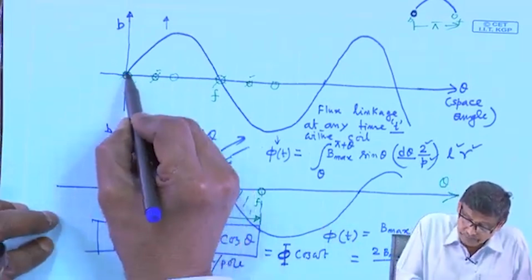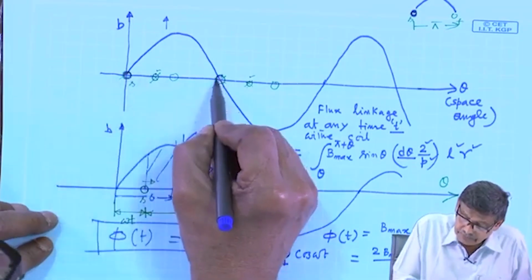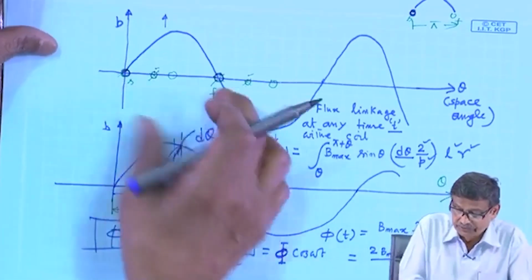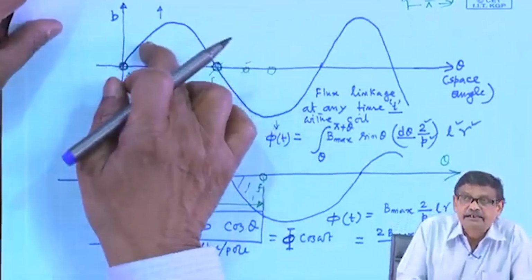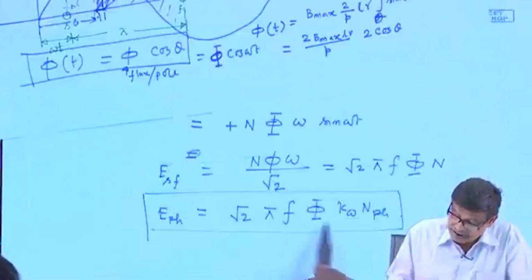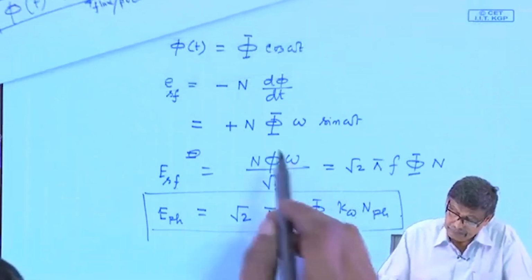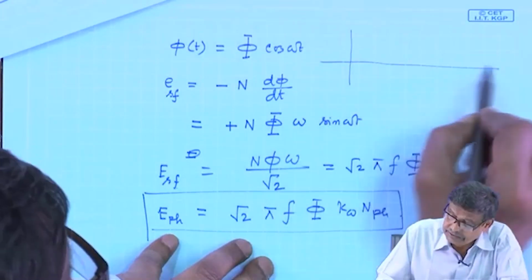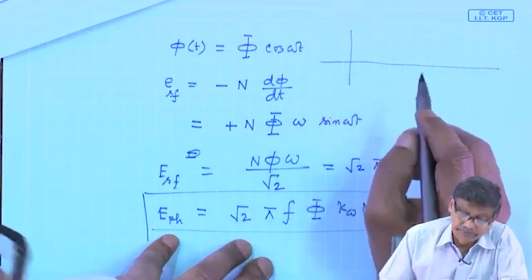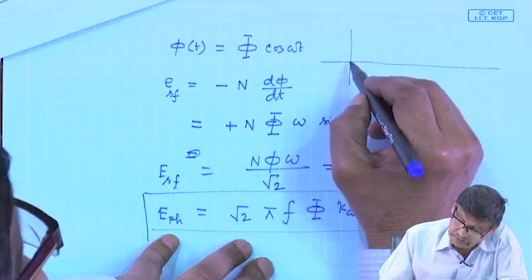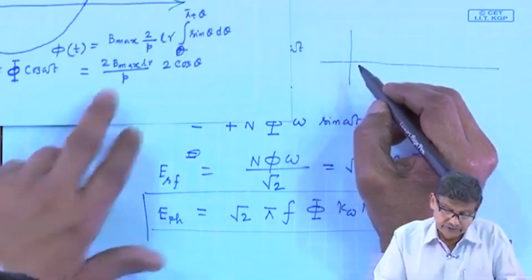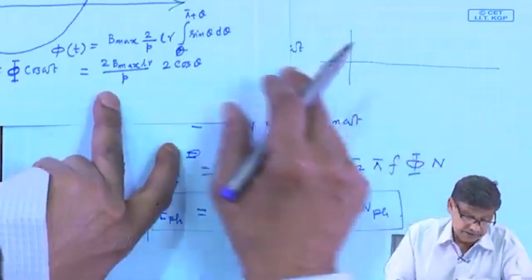Okay, this coil at omega t equal to 0, maximum flux linkage takes place. Or rather, I will just straight away go here. Suppose your flux linkage was cos theta, phi t was cos theta.